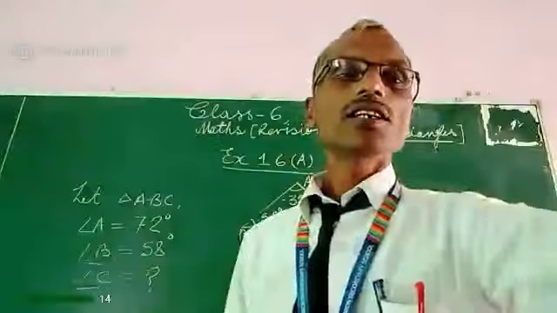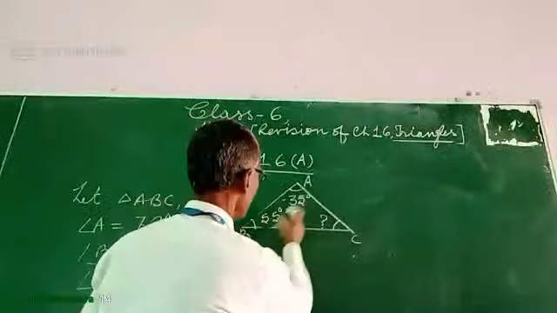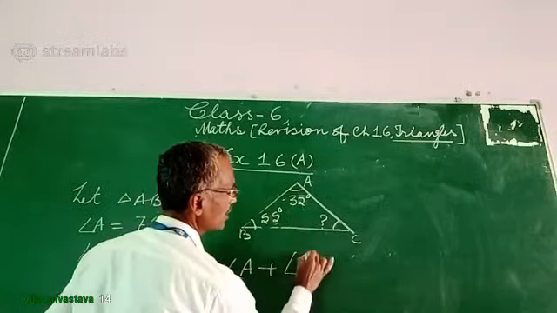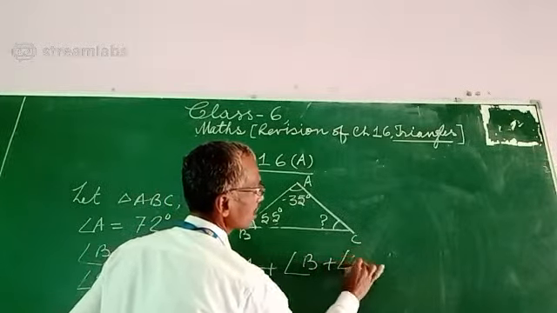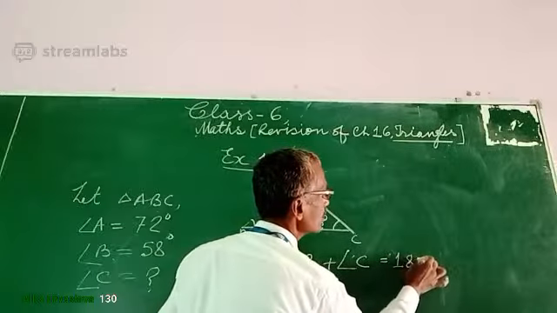No, it is wrong. Here, the sum of all angles of a triangle: angle A plus angle B plus angle C. Here are three angles, and the sum is 180 degrees.